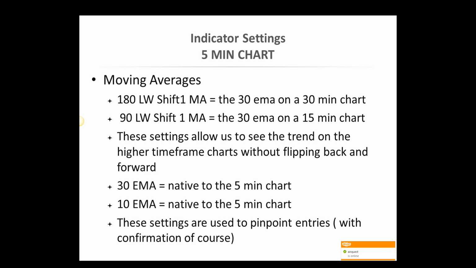And the 90 linear weighted, shift 1 MA shows the 30 EMA on a 15-minute chart, but it's showing it on my 5-minute chart. These settings allow us to see the trend on the higher time frames without flipping back and forth between the charts.